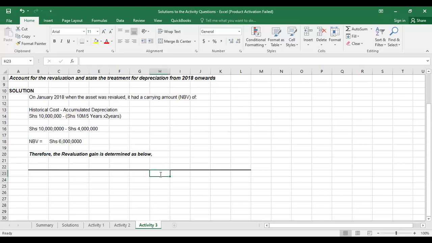We get our debit and credit, in shillings.